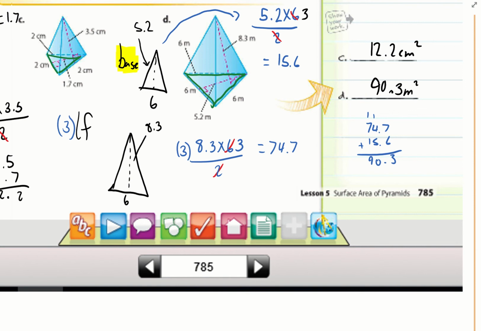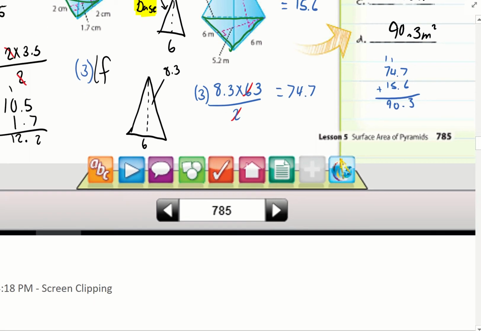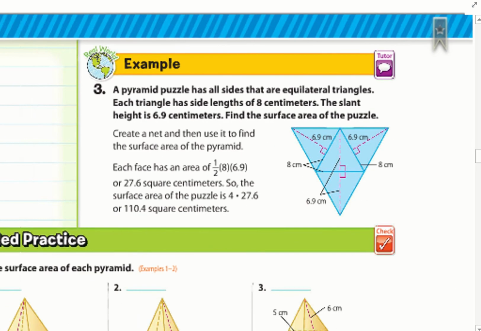The base triangle is 5 2/10 slant height times 6 divided by 2. I get 15 6/10. For my lateral faces, I get 8 3/10 as the height times 6 divided by 2, and I multiply by 3 because I have 3 lateral faces, and I get 74 7/10. I add 15 6/10 and 74 7/10, and I get 90 3/10 meters squared.